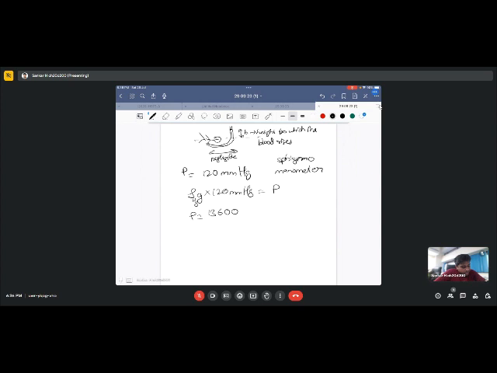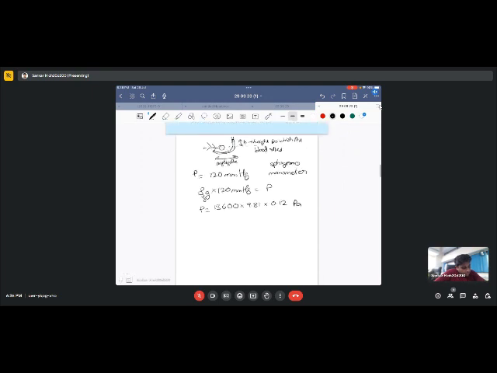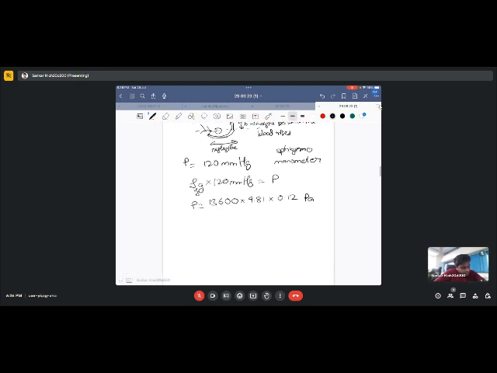Therefore the pressure can be evaluated by just multiplying the density of mercury, 13,600, times g times the value in SI units, which is 0.12 meter. And this is the pressure in Pascal that is exerted by our heart.